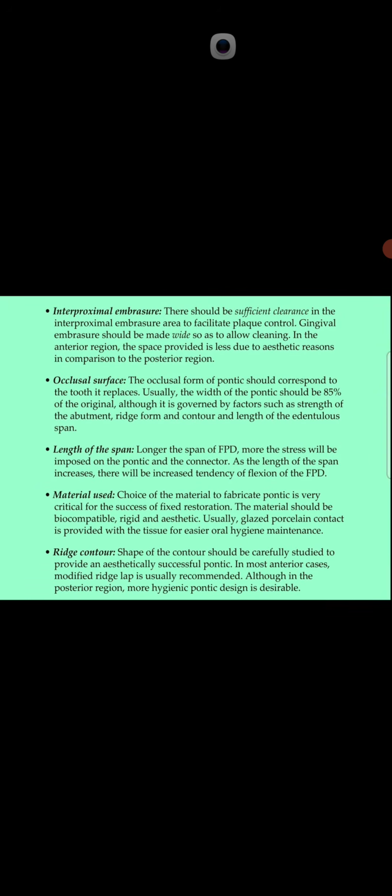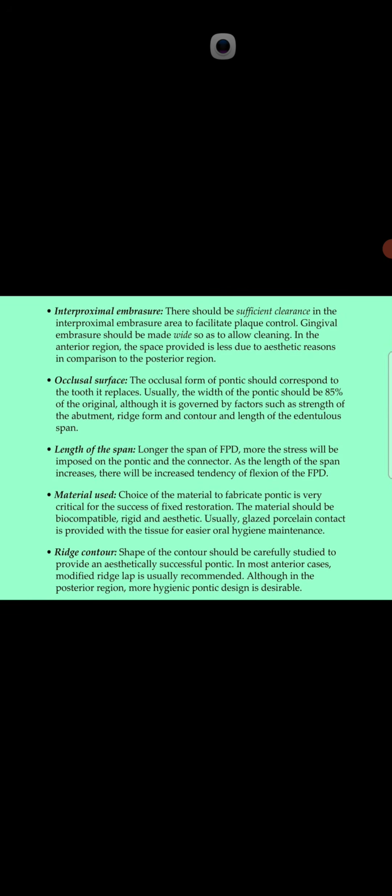The second factor which affects the pontic design is the interproximal embrasure. In the interproximal embrasure, there should be sufficient clearance to facilitate plaque control. The gingival embrasure should be made wide so as to allow cleaning.